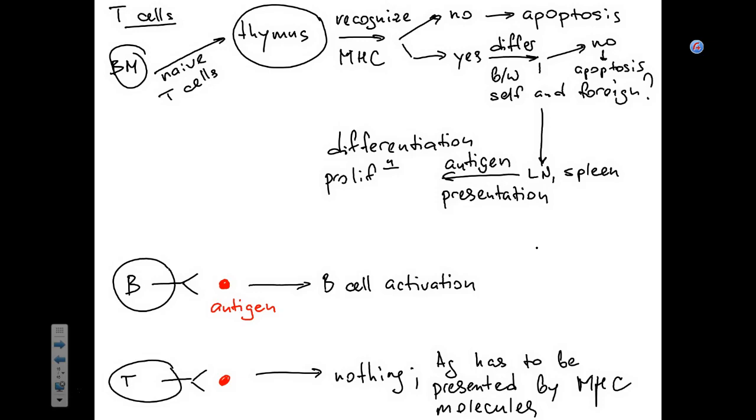So far, so good. Well, let's figure out which types of T cells we have. Generally speaking, we have two populations of T cells. CD4 would be logical to start with, and CD8. But I will start with CD8 because it's simpler.